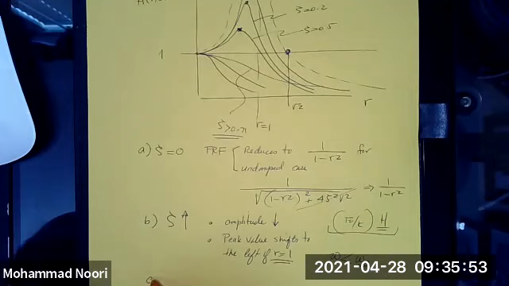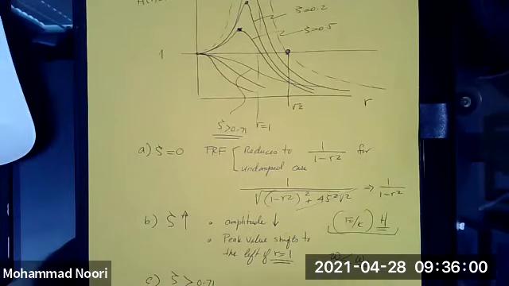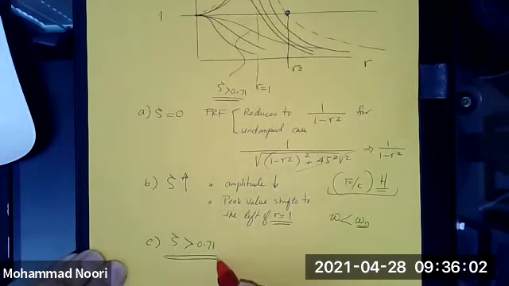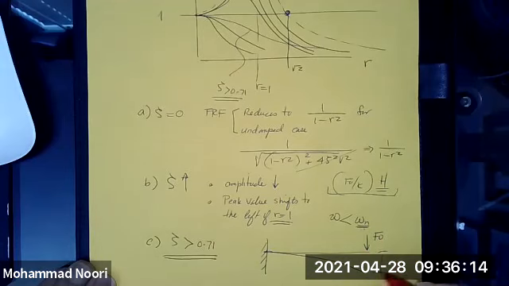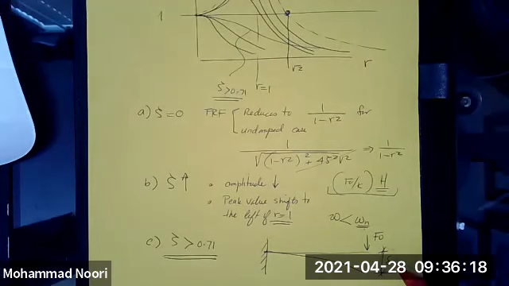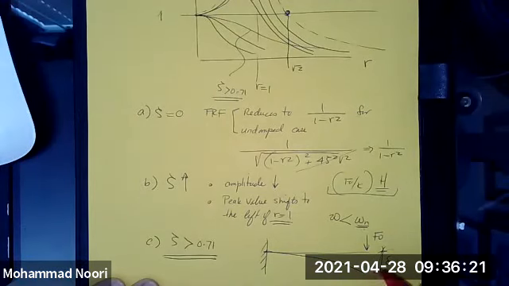And the third observation, as I told you, is that as the damping ratio becomes greater than 0.71, and we'll prove that, then no matter what, the displacement or the maximum displacement is always less than the corresponding static displacement.